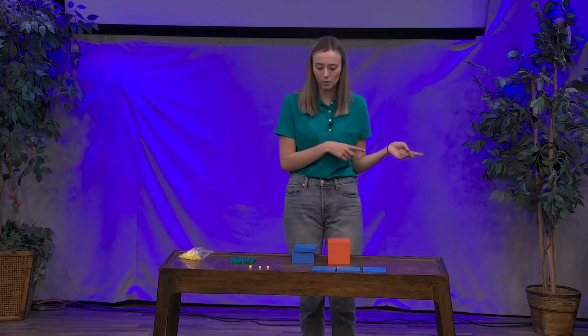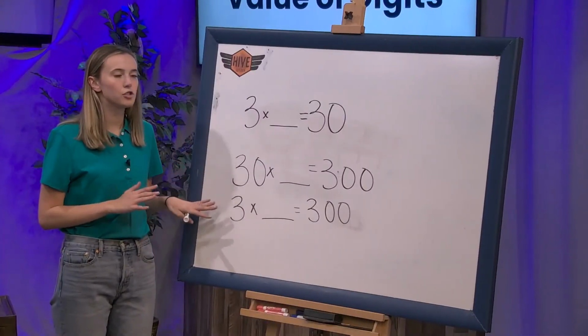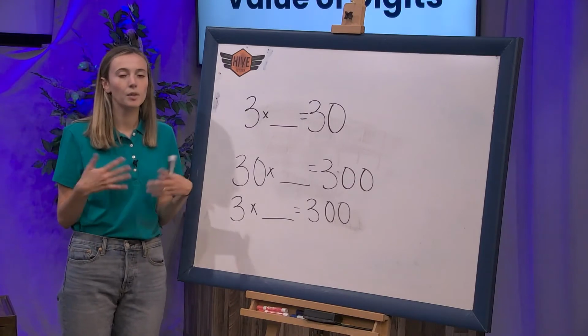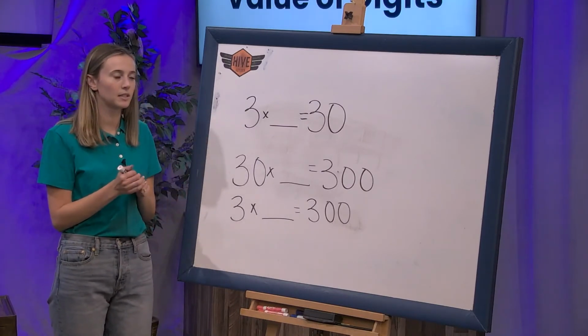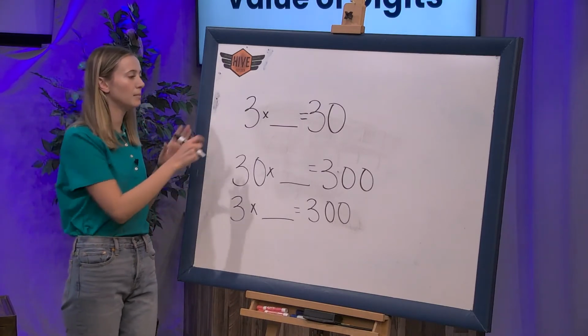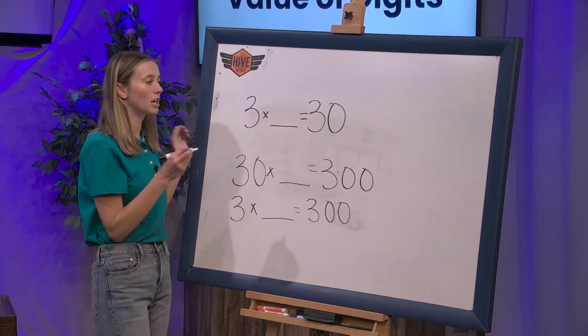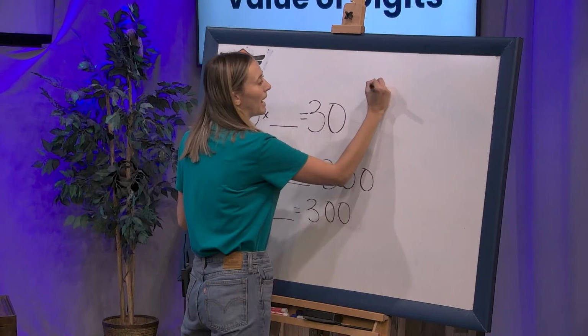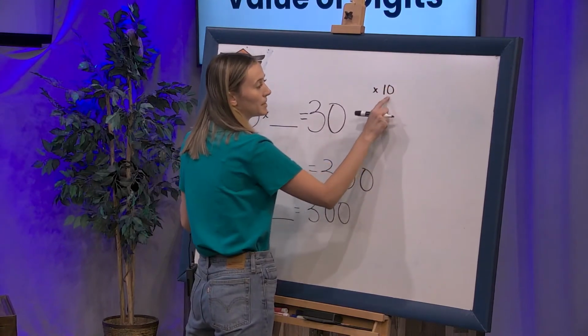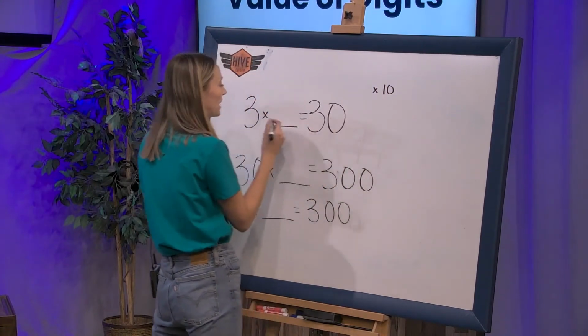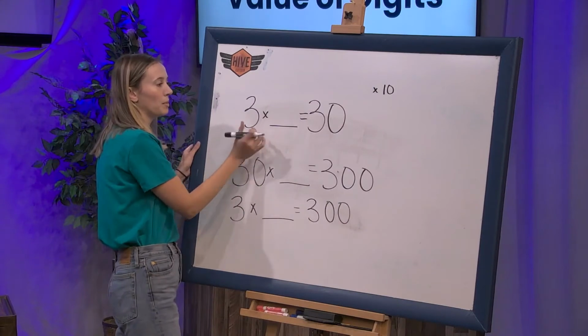So let's go back to the whiteboard. Now I just want to show you what I just did with the blocks, but with numbers. So I said 3 times what is 30? And remember, in a previous lesson, we talked about multiplying by 10 or numbers with 0 in the back, and how we just multiply the two numbers.